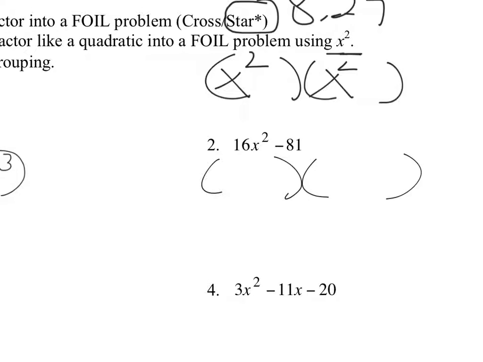And here's how the difference of 2 perfect squares works every time. You're going to have a plus and a minus. That way the OI part cancels out, right? Remember that? All right, so what's 16x squared? What's the square root of that? 4x and 4x. And 81, negative 81, would be a positive 9 times a negative 9.